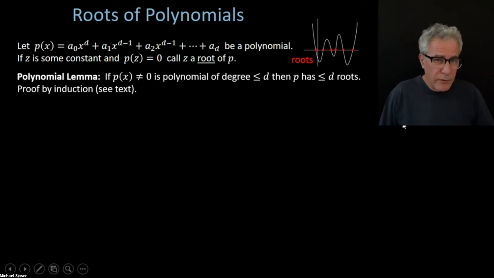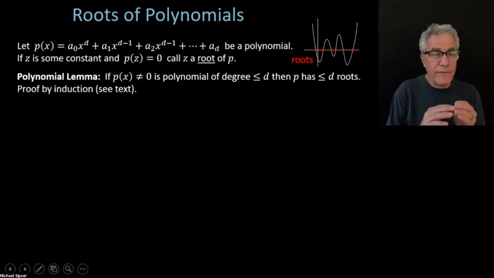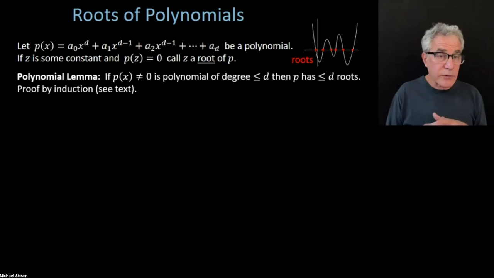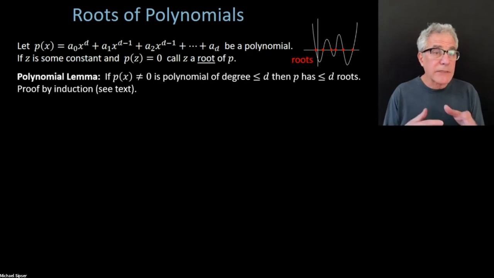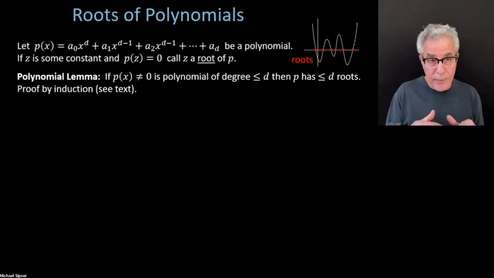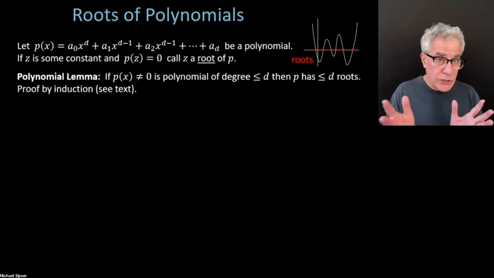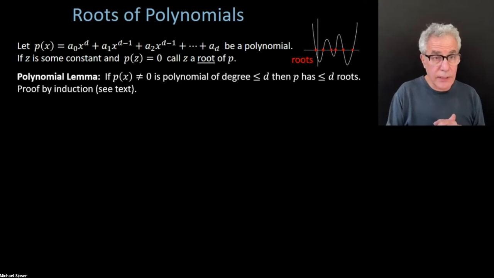And that's a simple proof. The basic idea is, if setting x equal to 5 gives you a root of the polynomial, then you can easily see that x minus 5 is a factor of the polynomial. You can divide out by x minus 5, and you get a new polynomial of degree 1 less, which, going by induction, has one fewer root. So you can just divide out by the roots, basically. It's very straightforward.